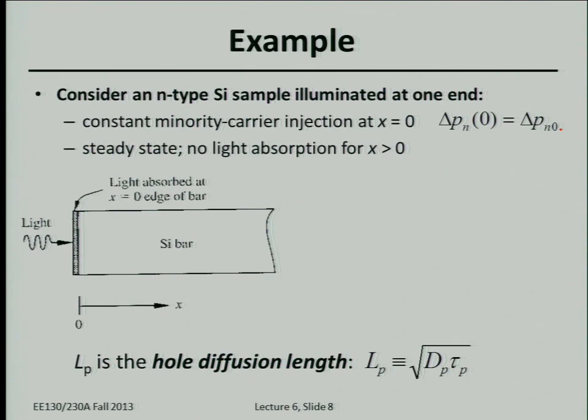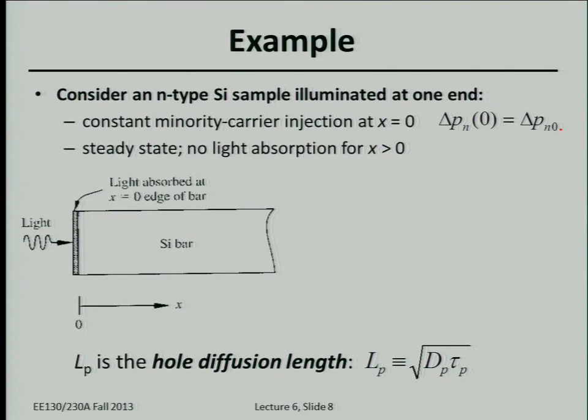Some excess carriers at the surface, and carriers will diffuse and die out due to recombination because they're minority carriers, and they'll meet some majority carriers and die out as they diffuse. So over time, they're going to establish some steady concentration profile versus depth.